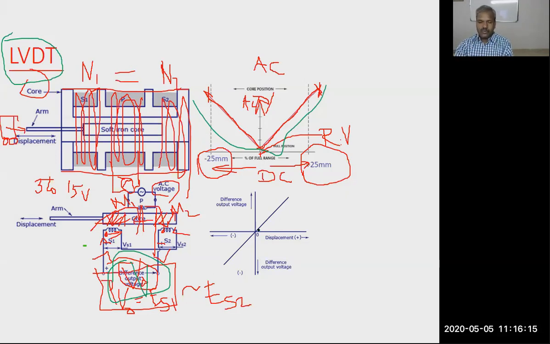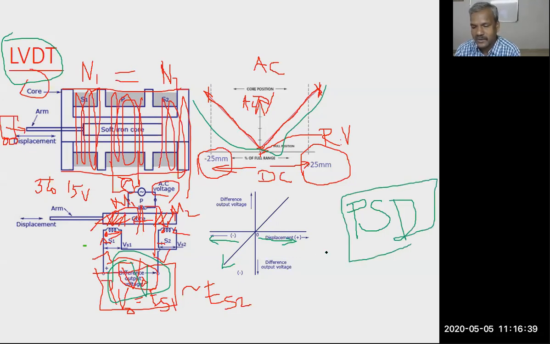So when the core moves towards the positive displacement, we should get positive output. When the core moves towards the negative displacement, we should get negative output. For that, we are going to use a demodulator, called a phase sensitive demodulator. So what is a phase sensitive demodulator? That we will discuss. Before that, let us see how the LVDT works.